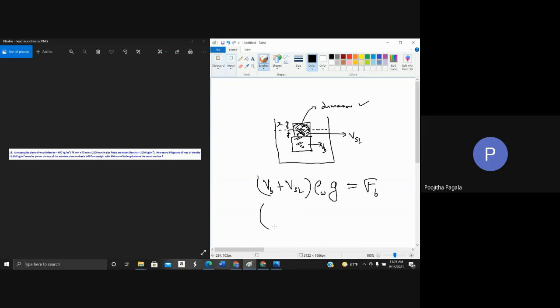Total weight of the system is going to be volume of the block into density of the block into g. ఇది weight of the wood block plus volume of lead into density of lead into g. This is going to be weight. ఈ రెండు ఈక్వేట్ చేయాలి.